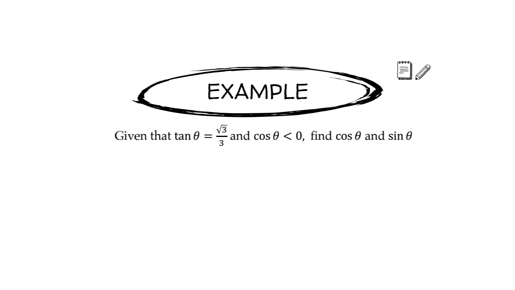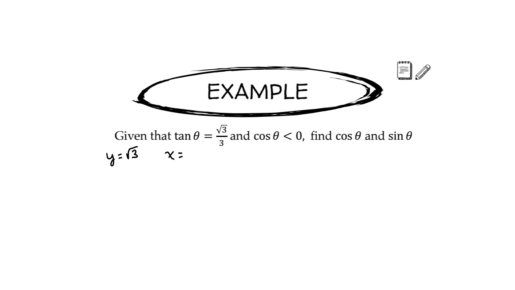So here I'm given that tangent is root 3 over 3, and I know that cosine is negative. I want to find cosine and sine. So assuming that you haven't memorized the values of tangent, I'm going to say that the y is root 3 and the x is 3, because tangent is y over x.